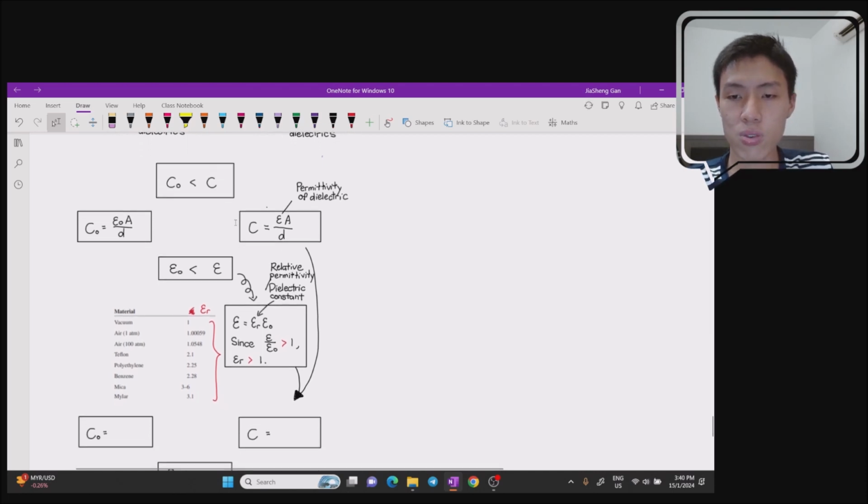Now, because we know this relationship over here, where epsilon equals epsilon r multiplied by epsilon naught, we can replace this epsilon, the permittivity of the dielectric, with epsilon r epsilon naught.